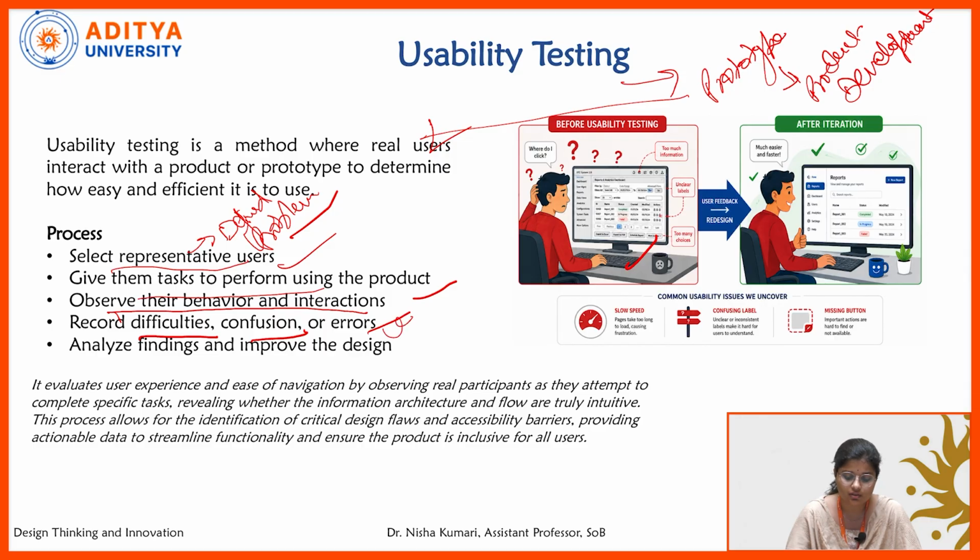Based on that feedback, we improve our design by analyzing the findings from this testing. So in usability testing, at the stage of prototype or product development, we give our product or service to the users, collect feedback from them, and based on that feedback we improve our design before the full implementation.